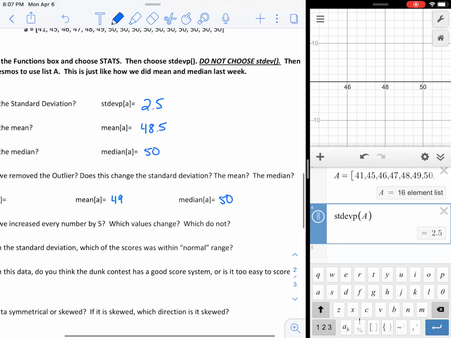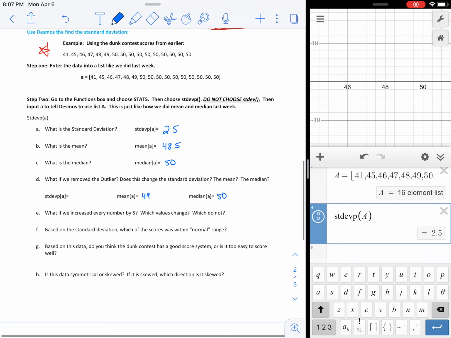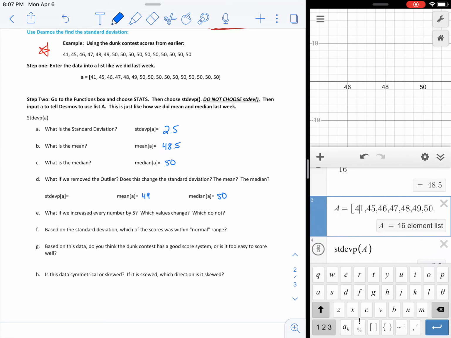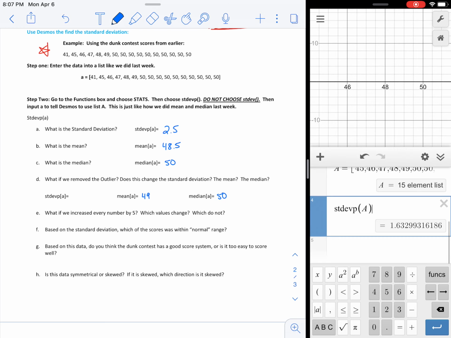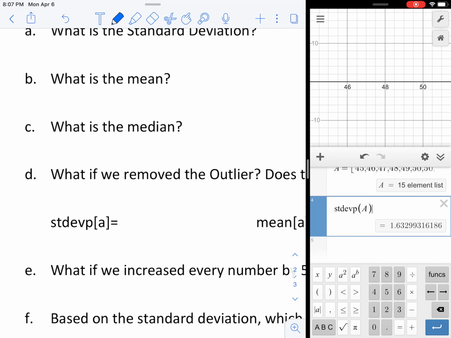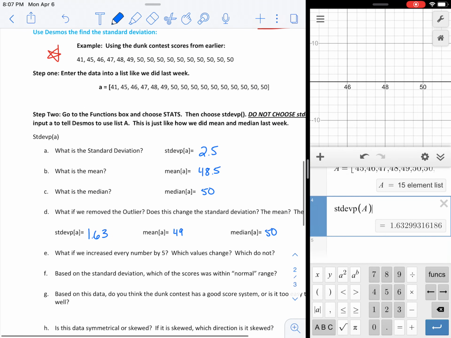The median stayed 50. But then the standard deviation, let's take out this 41 again. Now the standard deviation also changes, right? And it is now 1.63. So now, give or take, subtract that 1.63 and you're going to get a different number, right?